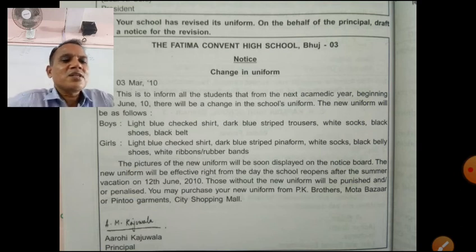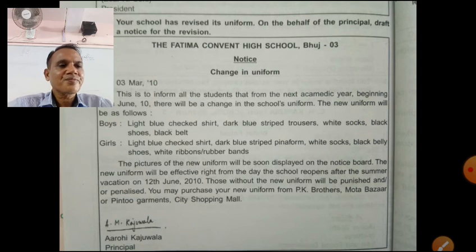Now notice for the revised uniform, fee structure, exam date, library rules, dress code. So at that time you have to keep these points in your mind. Details of the corresponding revision, date from which the particular change will be implemented.